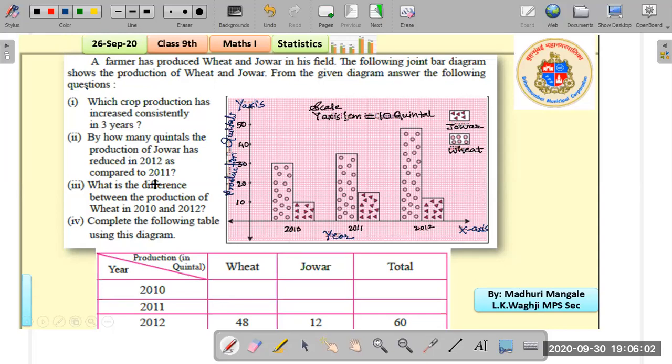So the first year, that is 2010, the wheat production is 30 and the jowar production is 10. We can see it over here, the symbols, the scale. In the scale, it is mentioned that for jowar, triangles are used and for wheat, circles are used. So the circular part, that is wheat, it is 30 and the jowar production is 10. So let me fill this out.